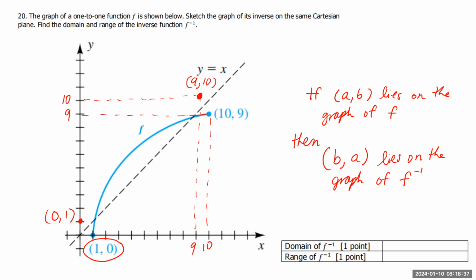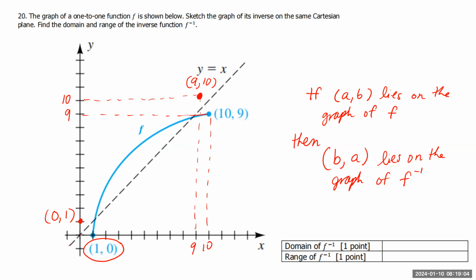We only have two points, so how do we sketch f inverse? When you are given the graph of f and want to find the graph of f inverse, you can just reflect the graph of f about the line of symmetry.